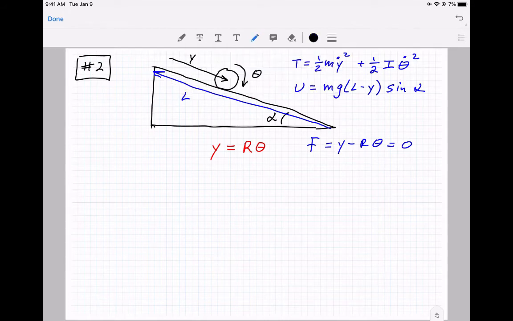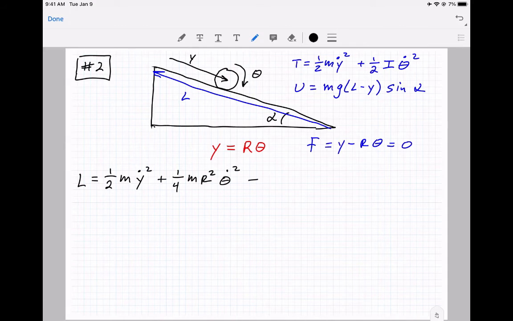So let me actually write the Lagrangian for this. It starts to kind of blow up a little bit, but it's not bad. So L is equal to 1/2 m y dot squared plus, let me go ahead and take the 1/2 mr squared for the moment of inertia, and with the 1/2 that becomes a 1/4 mr squared theta dot squared.